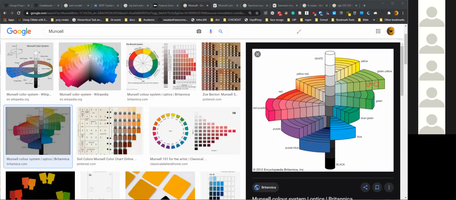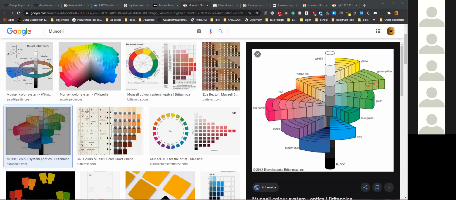So this is the motivation, an example of what he is trying to create. But rather than being a color, he is thinking more in terms of emotions.